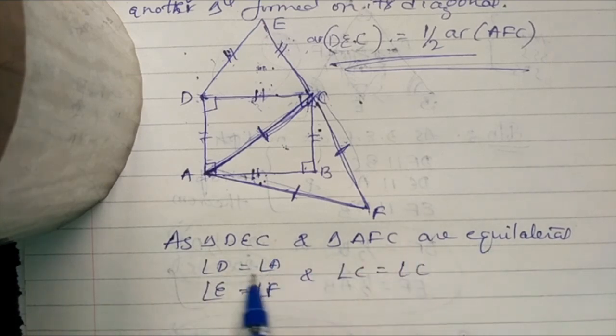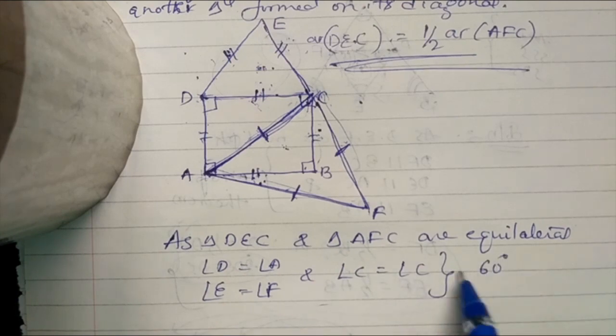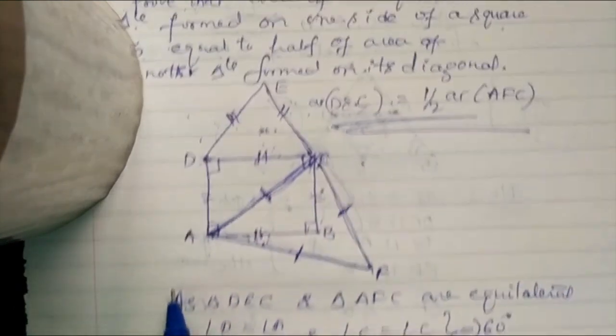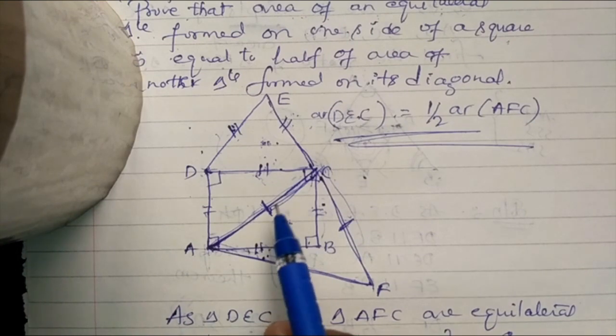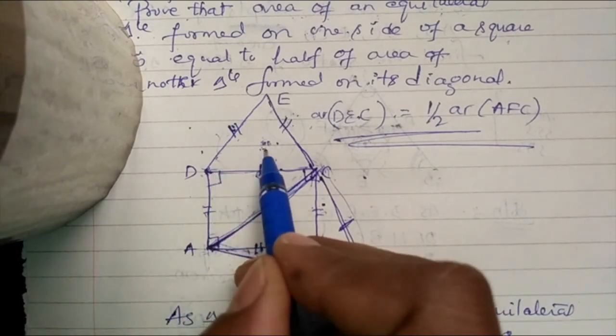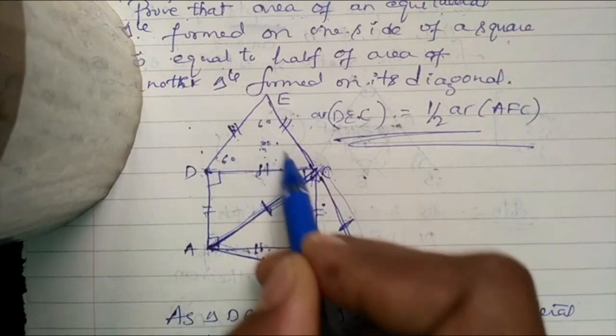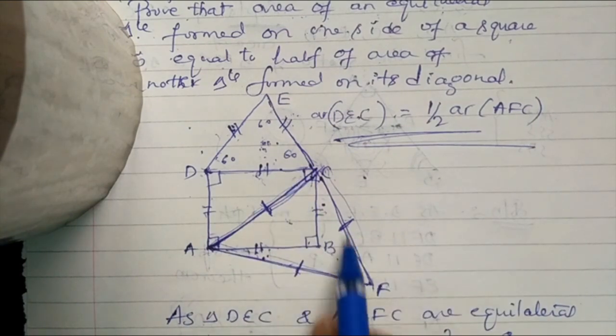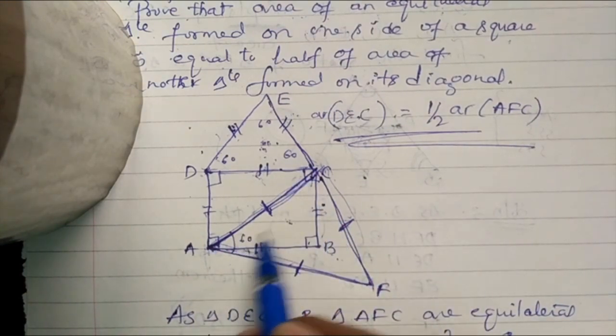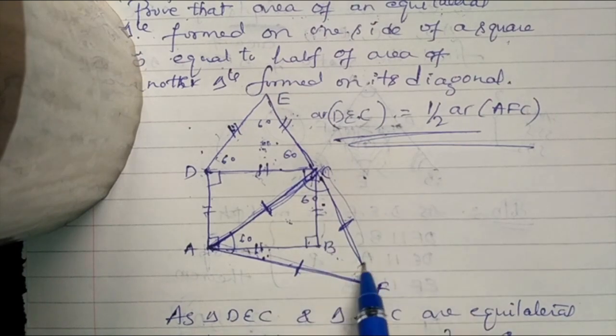As both triangles are equilateral, all three angles are equal to 60 degrees. You know that in every equilateral triangle, all three angles are equal to 60 degrees. This is equilateral, right? So 60 degrees, 60 degrees, 60 degrees. This is also equilateral, so this 60 degrees, this 60 degrees, and this 60 degrees.